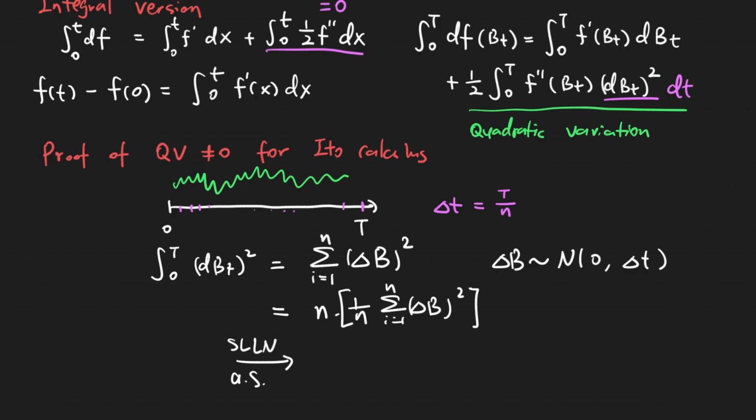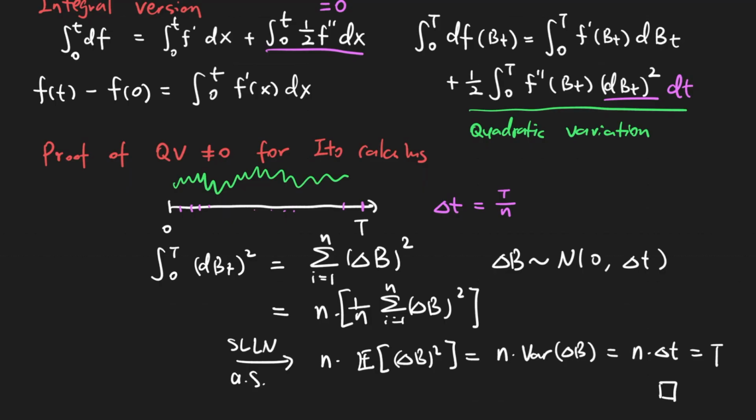So that will be n times the expectation of delta B squared. The expectation of delta B squared is simply the variance. So that's n times the variance of delta B, which equals n times delta t. That equals capital T. And that completes the proof.